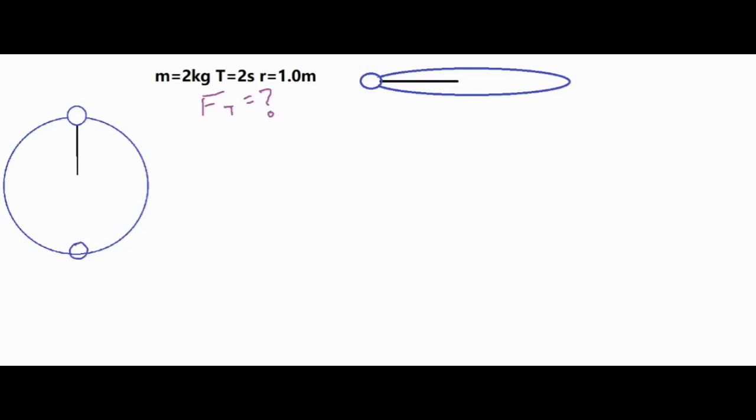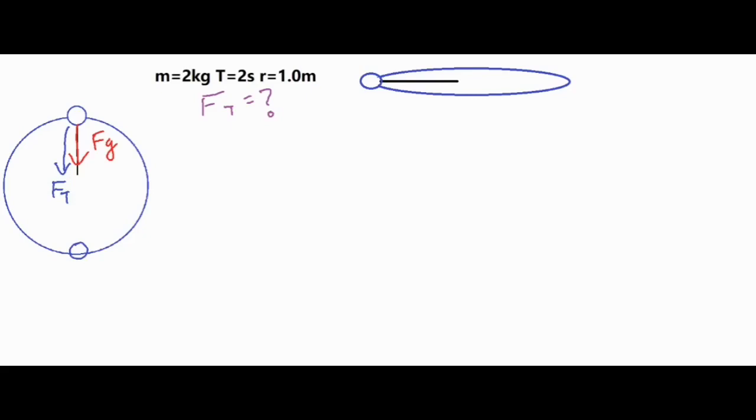The most important part is to look at the forces acting on the object at the top of the loop and at the bottom of the loop. At the top, we have the force of gravity pulling it down, and also the force of tension pulling it inward towards the center of the circle.